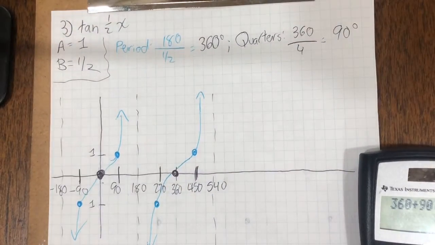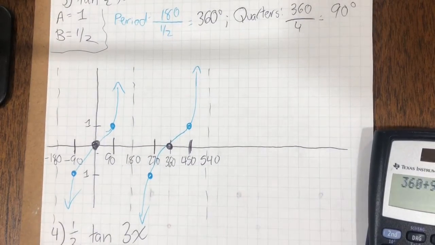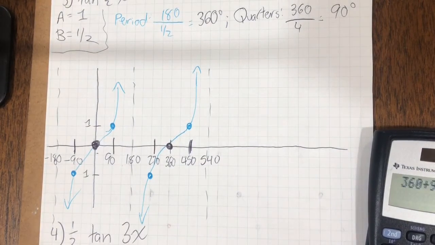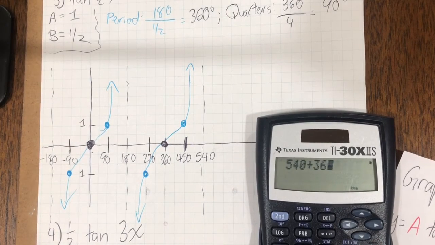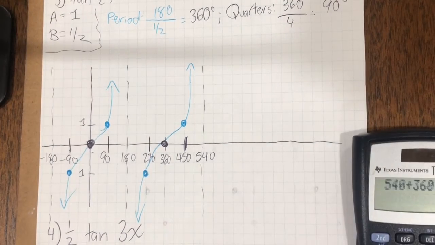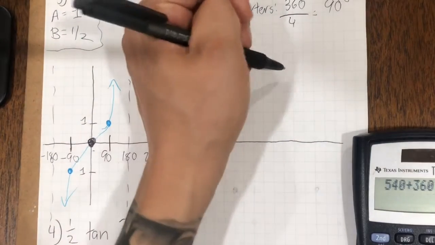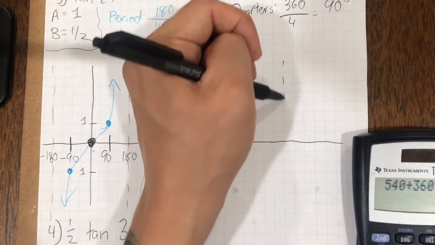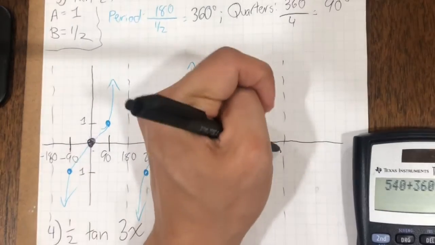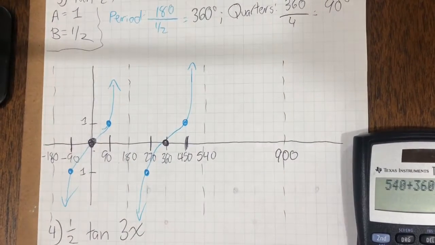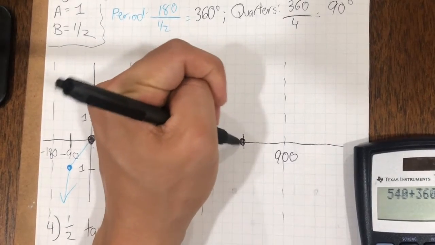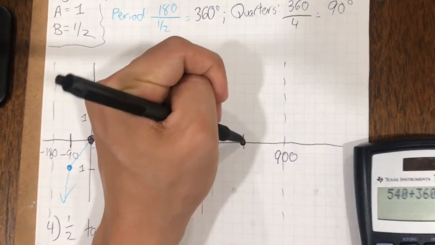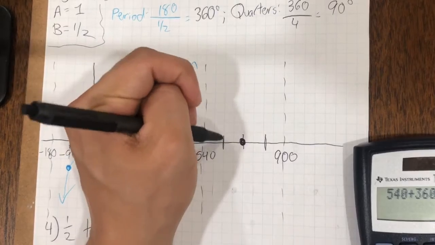All right, now one more piece. I'm going to take 540, add it to 360, I get 900. So we see that the numbers are increasing by a lot from the original graph for tangent. Then we have the midpoint, then we have the two halves.